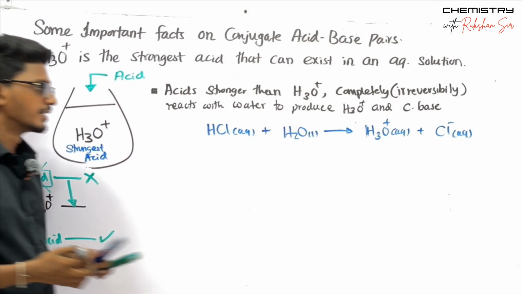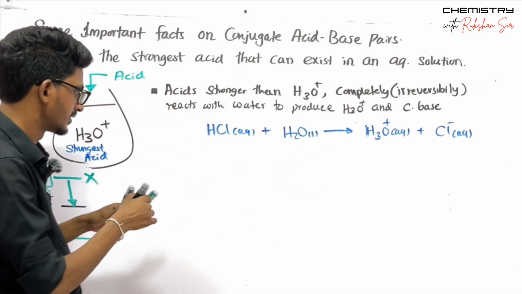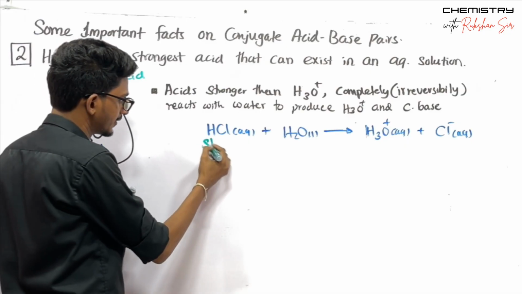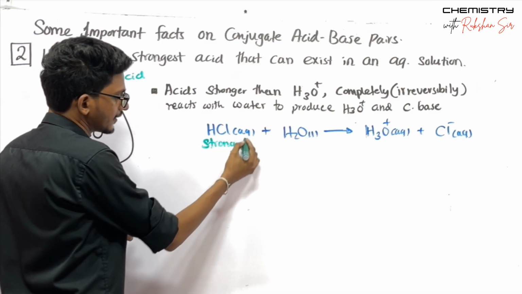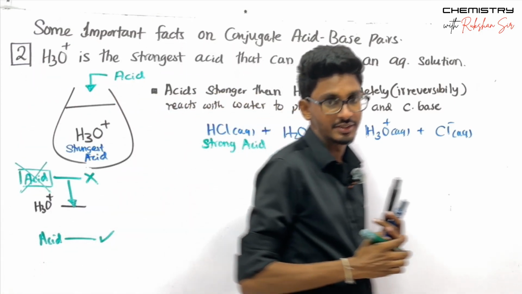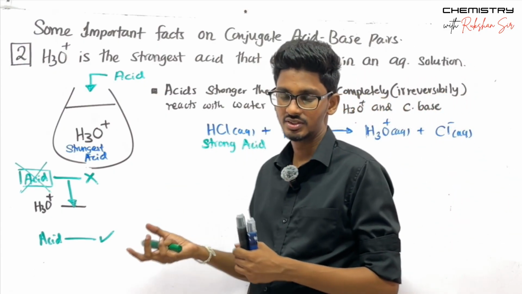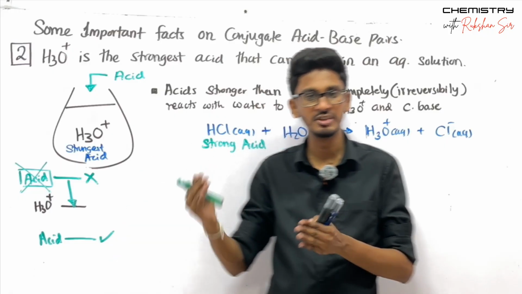Further, the straight arrow means this is a strong acid. Even at a young age you had categorized HCl as a strong acid and CH3COOH as a weak acid.